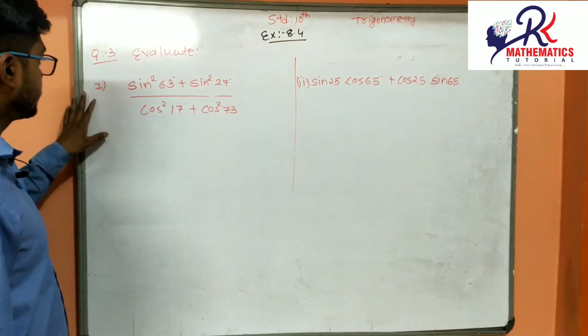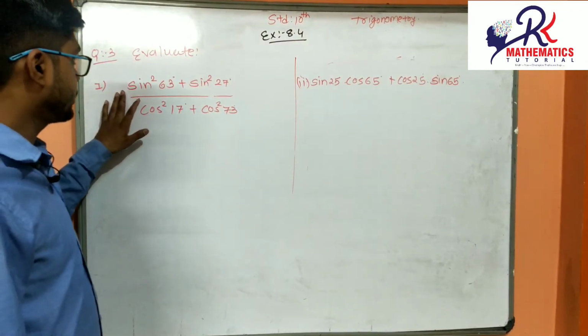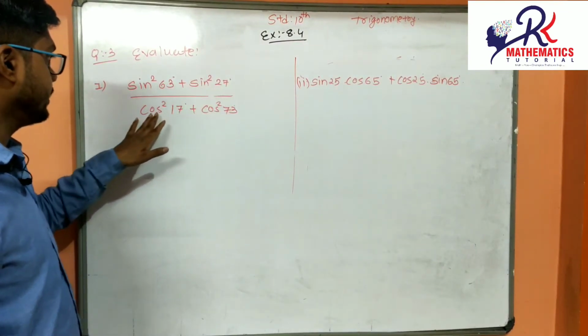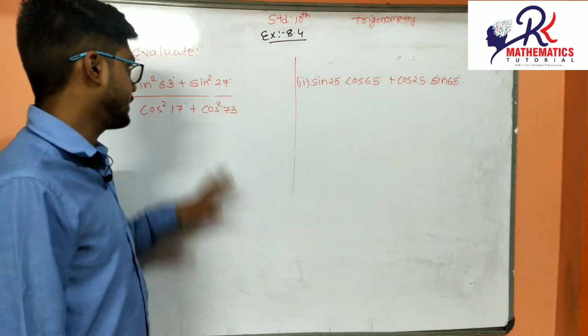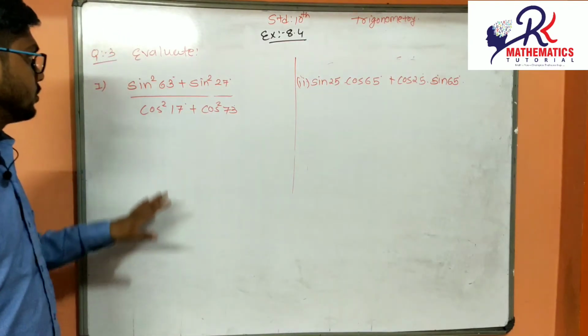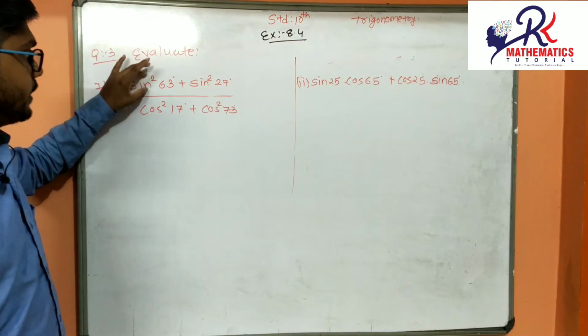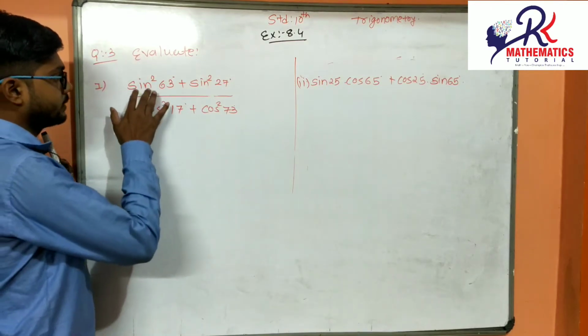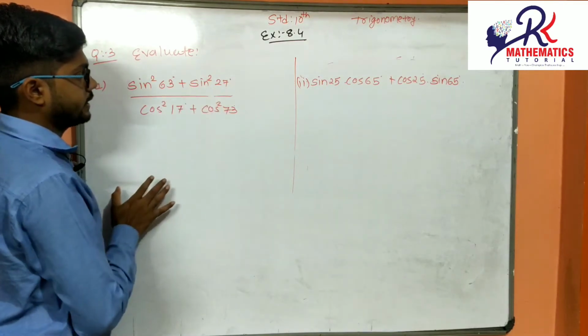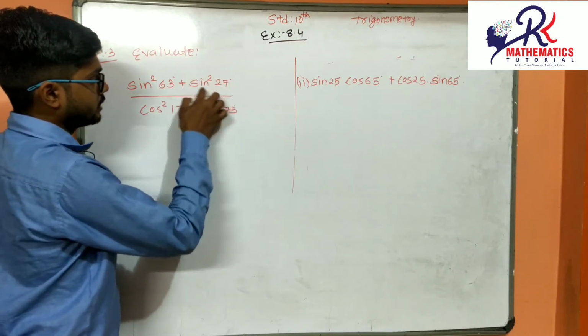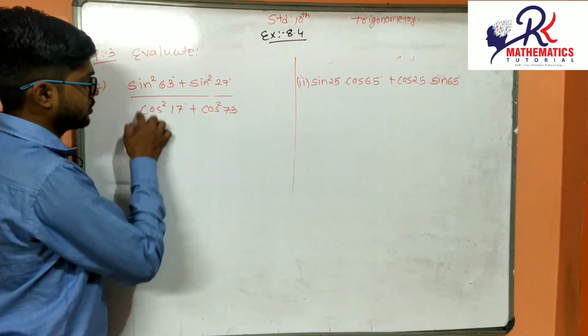Question third. The first one is (sin square 63 plus sin square 27) divided by (cos square 17 plus cos square 73). Here we try to evaluate the numerical value, so we will try to use the trigonometric identities. For that we have to change this one into cos and this one into sin.